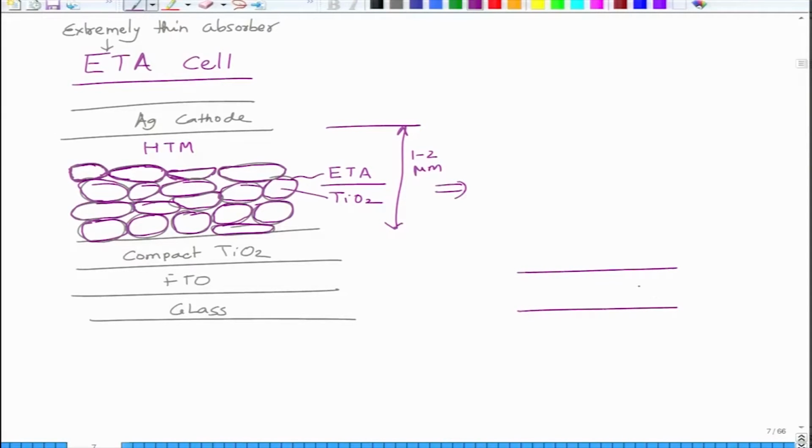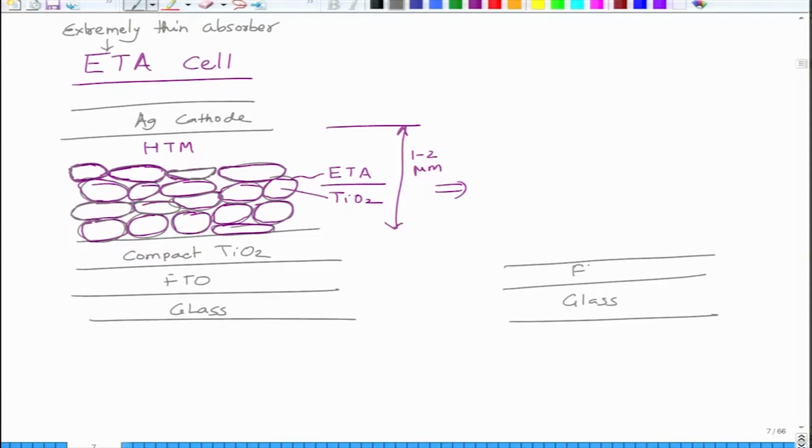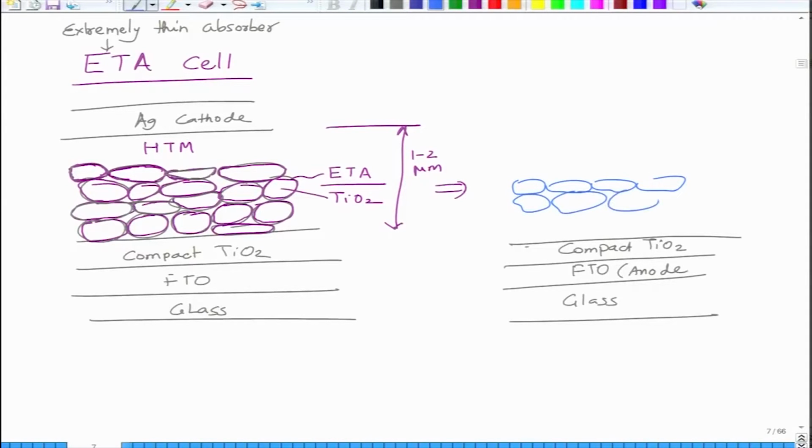glass, on top of that we have fluorinated tin oxide FTO, which is, let us say, the anode. On top of this we have compact TiO2, and on top of it we have, so it started with this, nanoparticles of alumina.